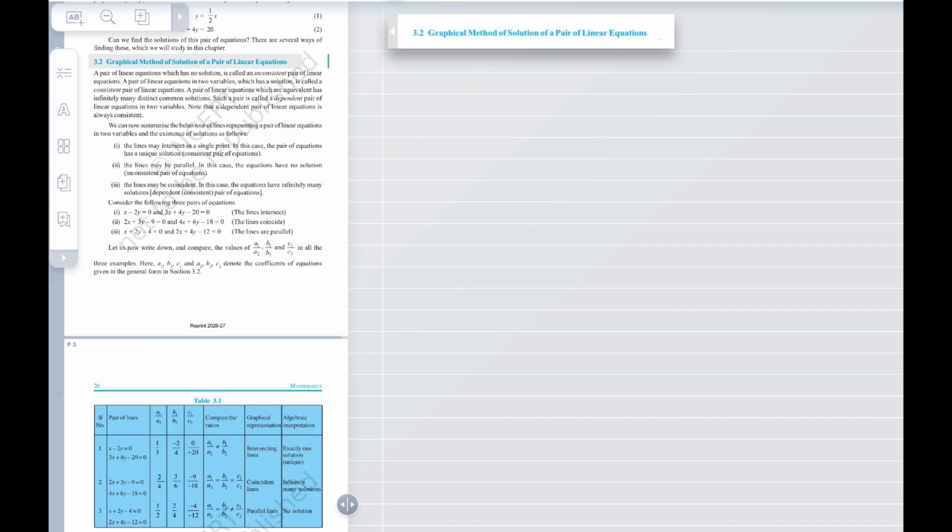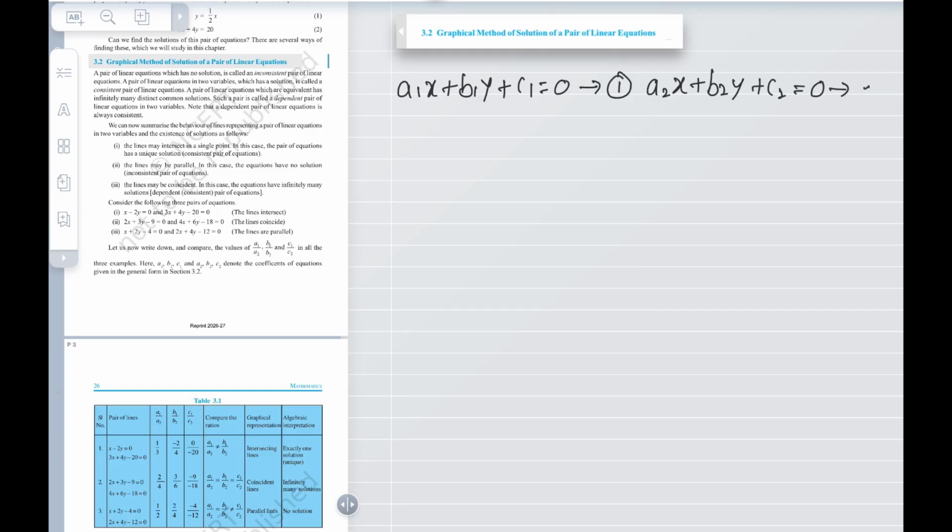For example, the first equation can be written as a1x plus b1y plus c1 equals 0. This is equation 1. And the second equation is a2x plus b2y plus c2 equals 0.